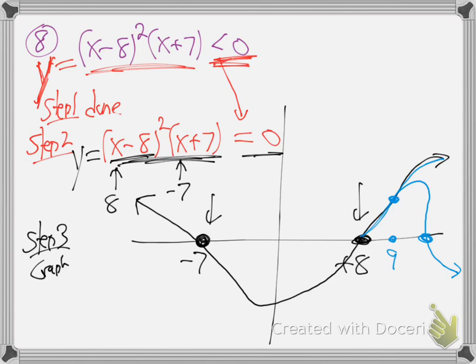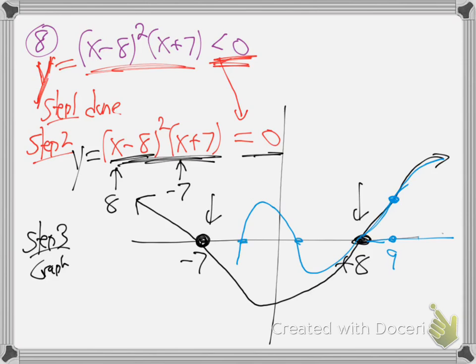And that goes for the other sections as well. I basically have 3 sections now. I have the left, the middle, and the right. And if I just check one point in each section, if it's positive there, then it's positive everywhere in that section. If it's negative at that point I plug in, then it's negative everywhere in that section, because again, it can't change its mind halfway through a section, because there's no more places it touches the x-axis, right?